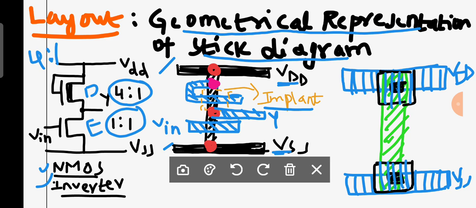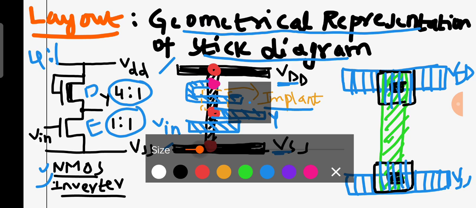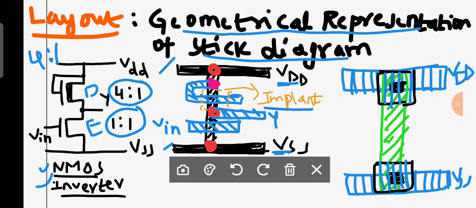And diffusion is there. Now a very important point is we have to draw a depletion mode MOSFET and an enhancement mode MOSFET. Therefore I have to cross polysilicon. You may observe that. How I am going to draw that is an important point for you. This is the way.